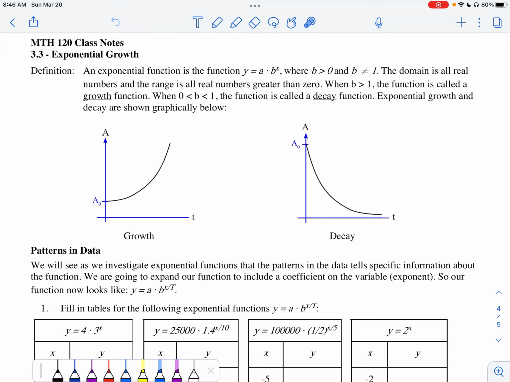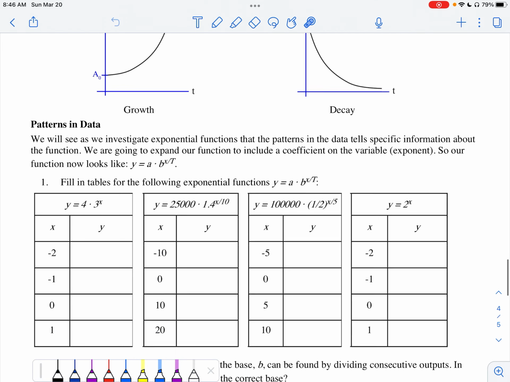We see that same sort of shape that we saw with our doubling time and halving time in the last unit, where with the growth, they start off really slow but then sort of explode over time. With the decay, it's the opposite. They start by decreasing really quickly and then they sort of start to level off toward the end.